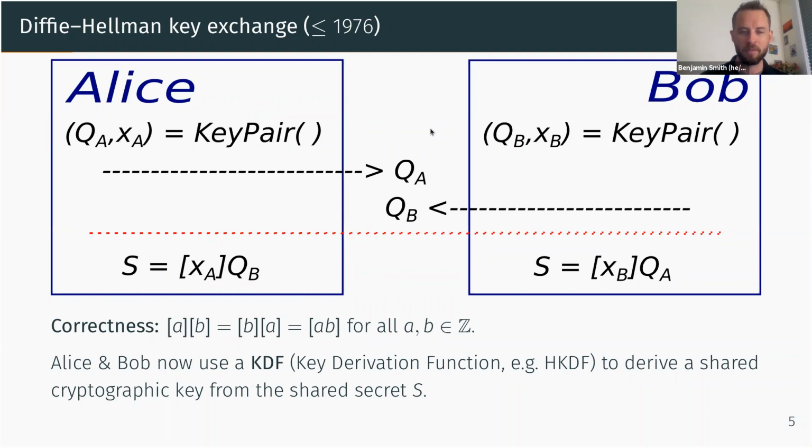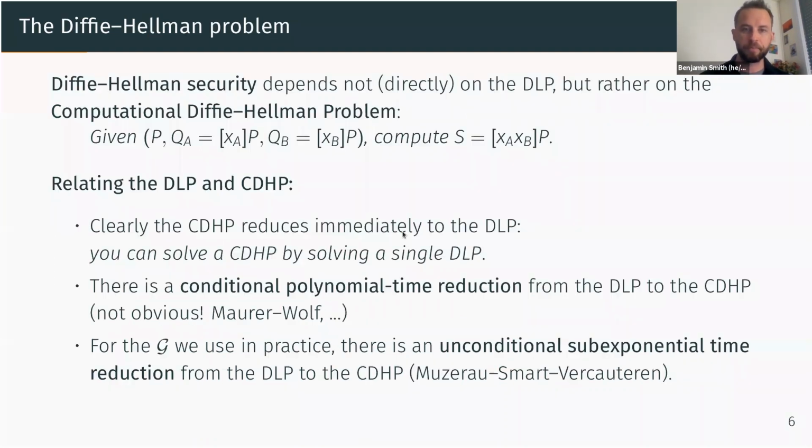So everyone knows this stuff. We all know the base point P, because that's a system parameter. We all know QA and QB. And so the computational Diffie-Hellman problem is, given this stuff, to work out what the shared secret was.